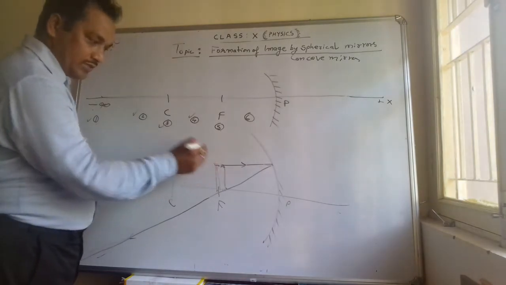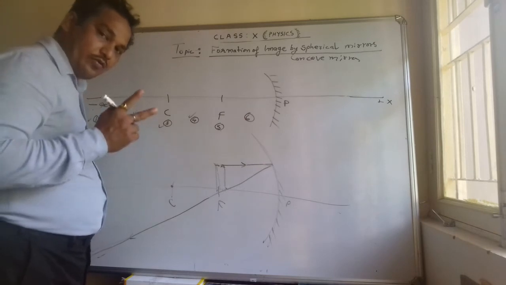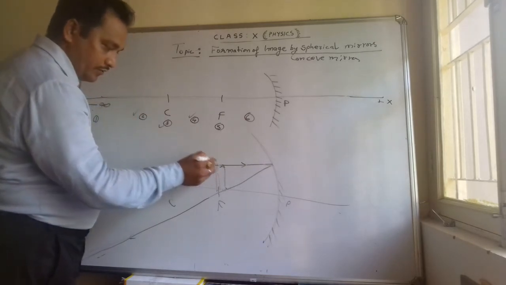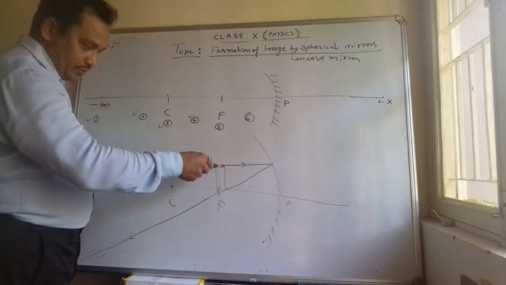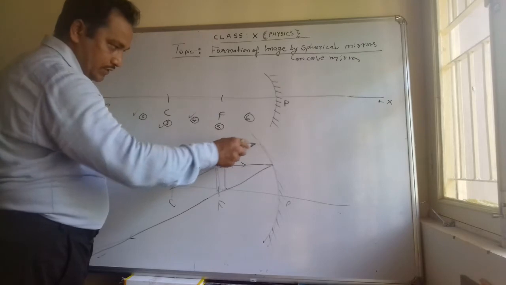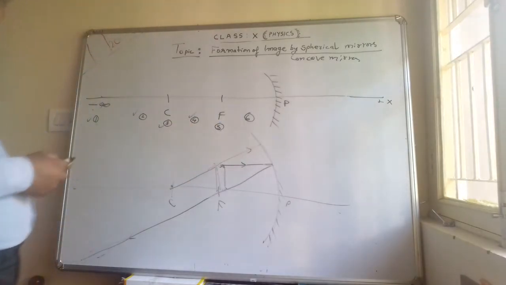So the tip of the object is this one, and this is the other point C. As 2 points are required to draw any straight line in mathematics, you are aware of it. So from here we will draw the line towards the C. So it is passing to the mirror and is reflected back to the same path. Okay.